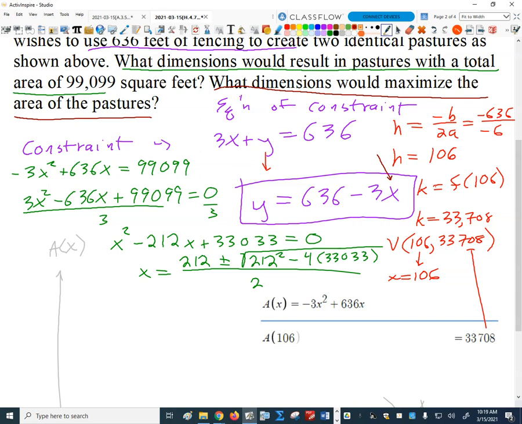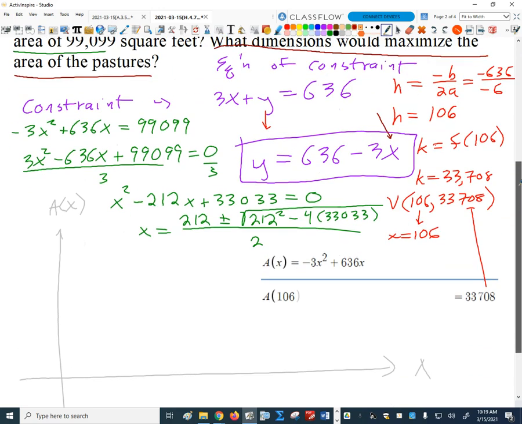So what's that going to be? 3 times 106 is 318. So I get 318, wouldn't I? Right? So my dimensions would just be 106, and then I'm going to get y from that equation. y equals 318. And so those would be my dimensions. Everybody see that?